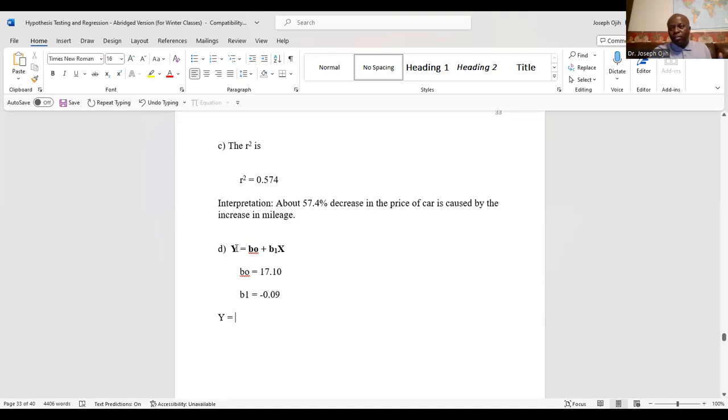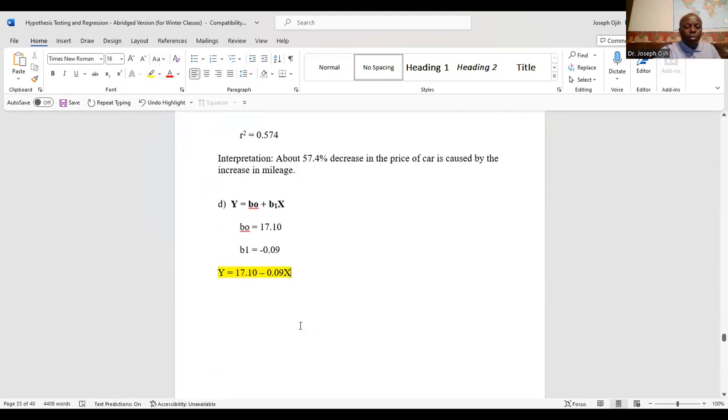Of course, you know that Y is the price and x is the mileage. So we have 17.1 minus 0.09x. See, this is our regression equation right there.